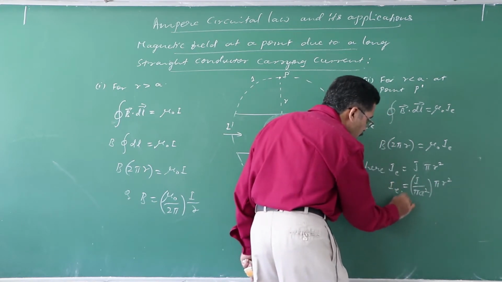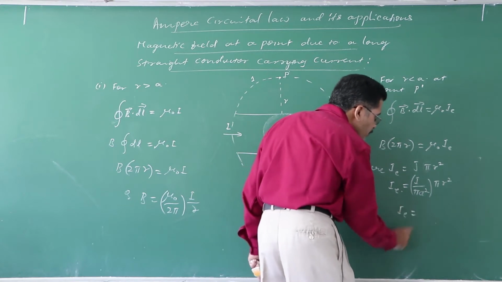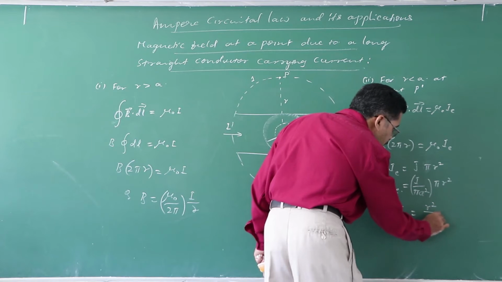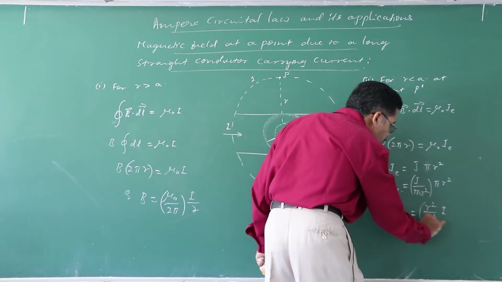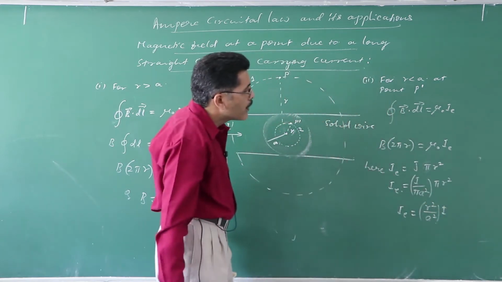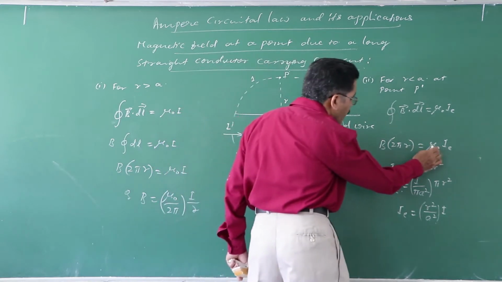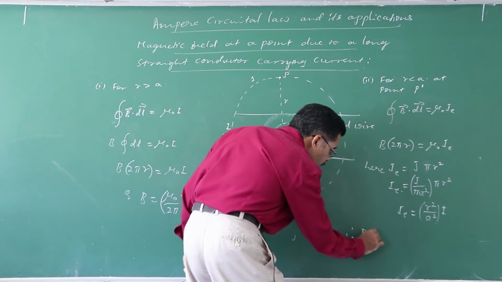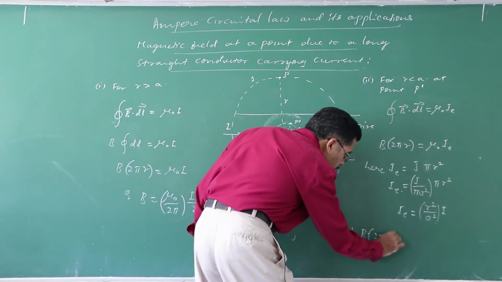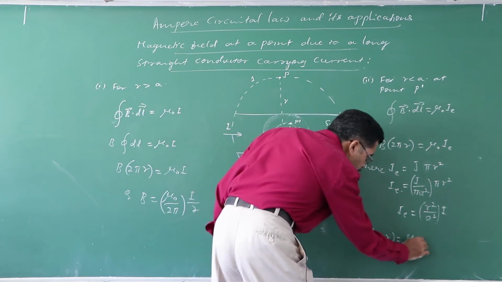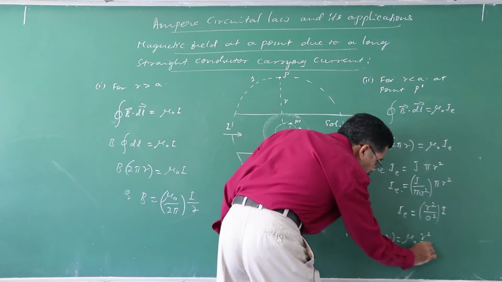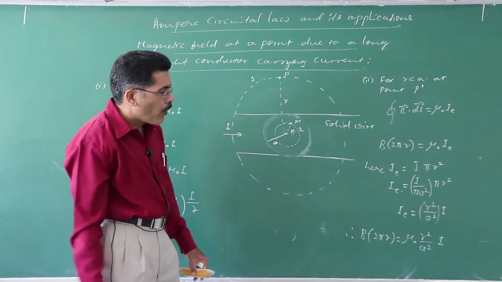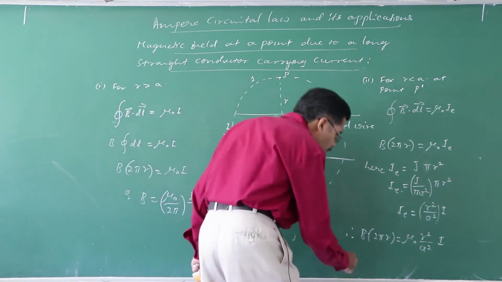Therefore I enclosed is given by r square by a square into I. Now substitute in this equation. Therefore B into 2 pi r is equal to mu naught into r square by a square into I. One r got cancelled.